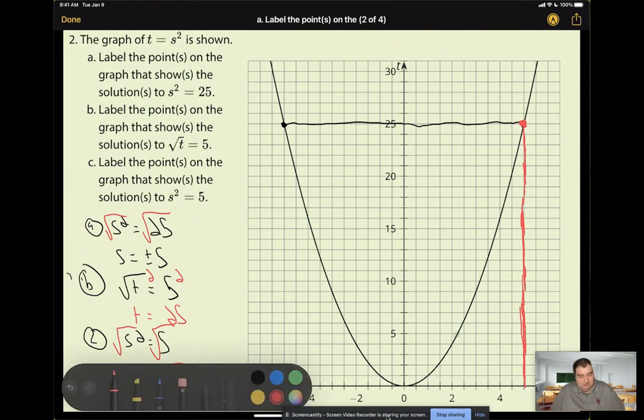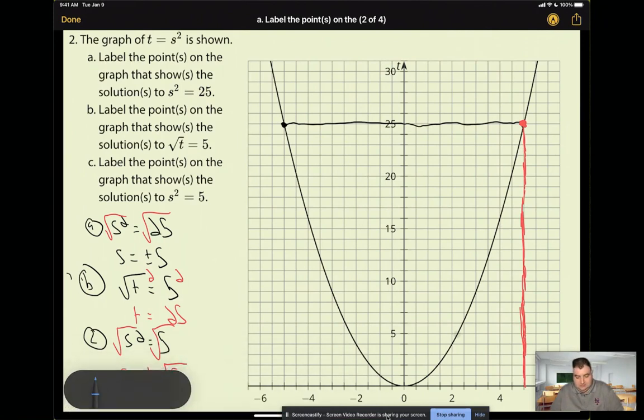That's actually going to be, and I'm going to use a different color, okay, that could be this point right here. You can see this ends up being between 2 and 3, or it could be this point over here, and you can see that ends up being between -2 and -3.